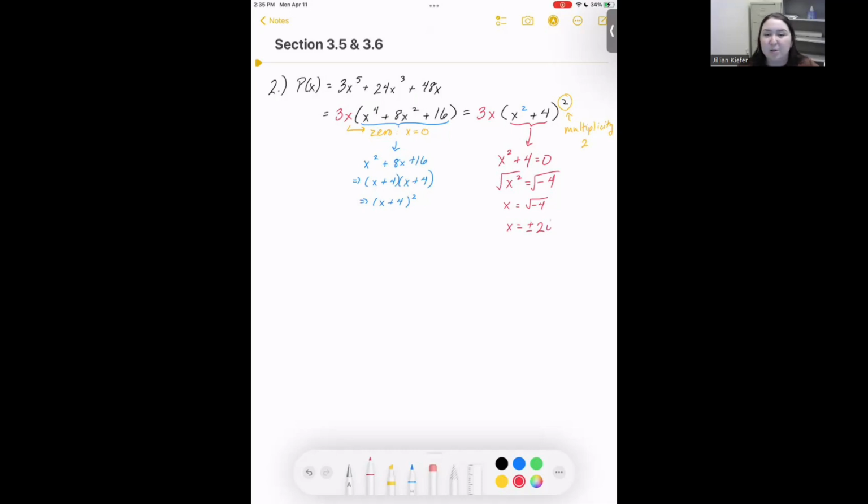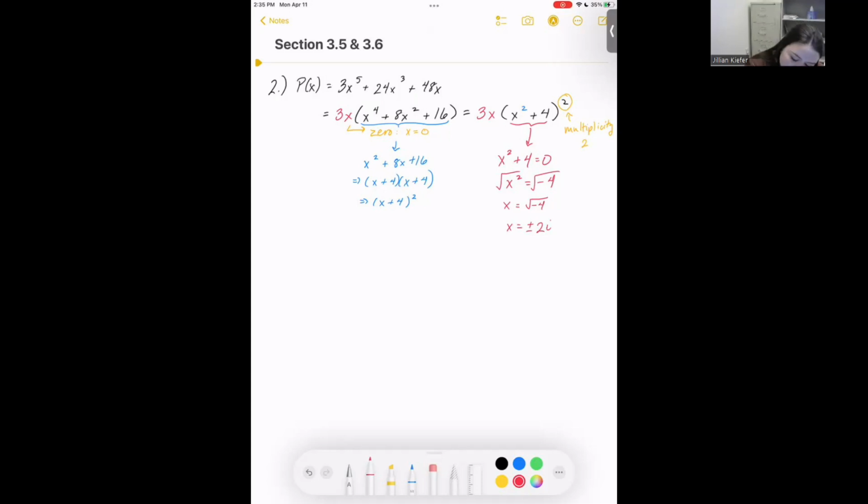The i is attributed to that negative part, or whatever your square root is. So the square root of +4 is plus or minus 2. So the square root of -4 is plus or minus 2i. So whenever you take a square root of a negative number, your answer is always going to have an i on it. So we have that x is equal to plus or minus 2i.